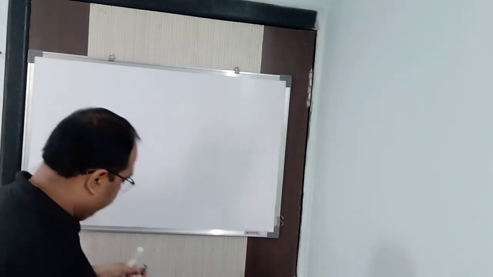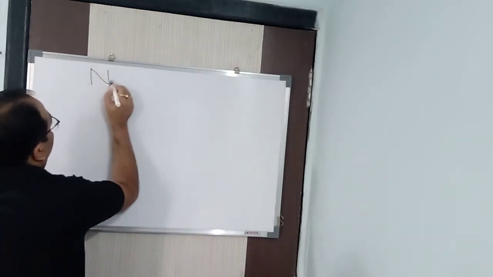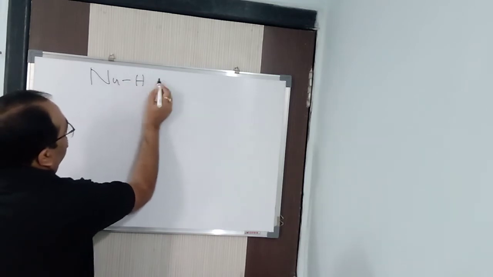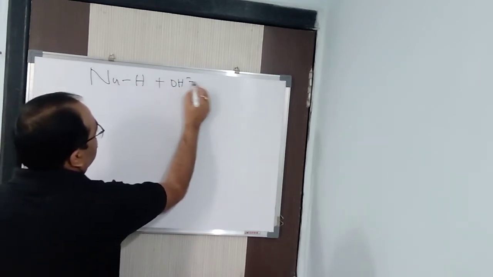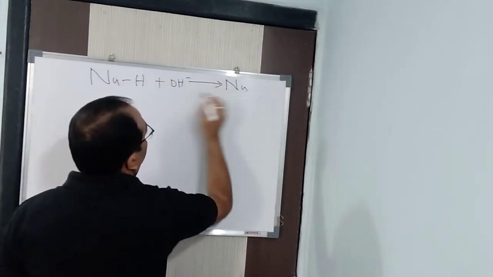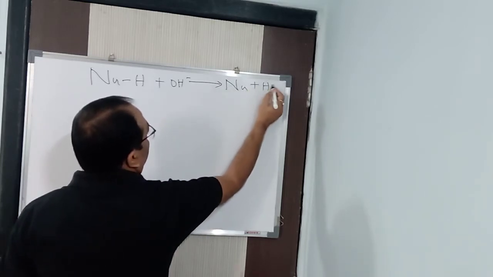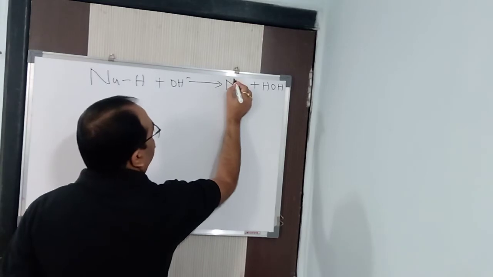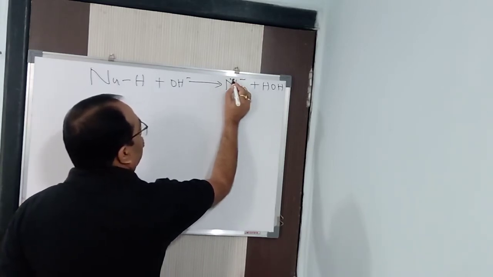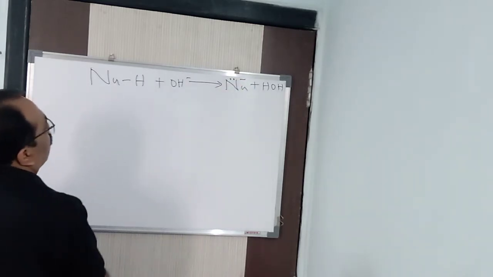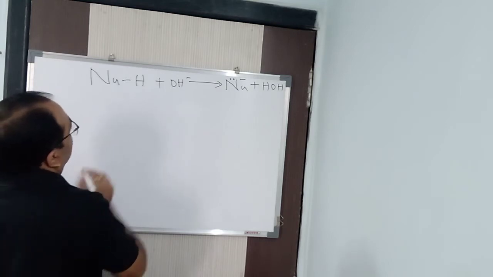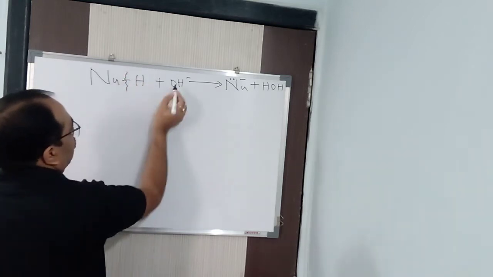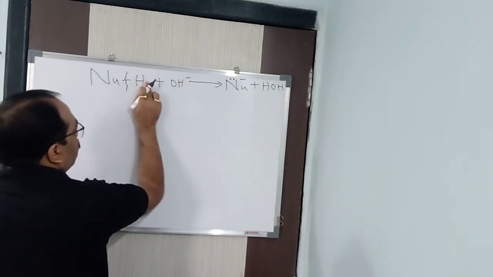Alright, so first Nu, that is H plus OH minus, it will give you Nu plus HOH, that is water. Nu dot, got it, and water, we are getting it. This cleavage is going to take place here. So this pair of electrons will go to this particular one.